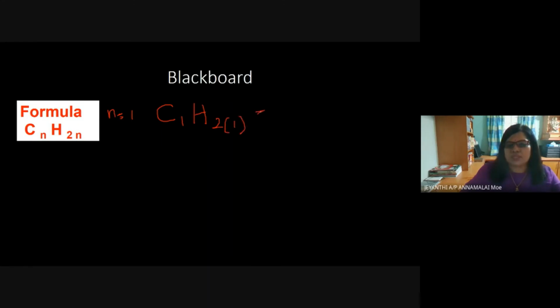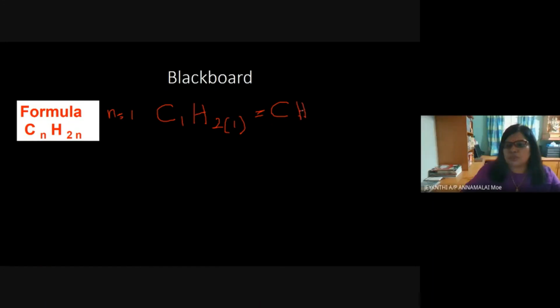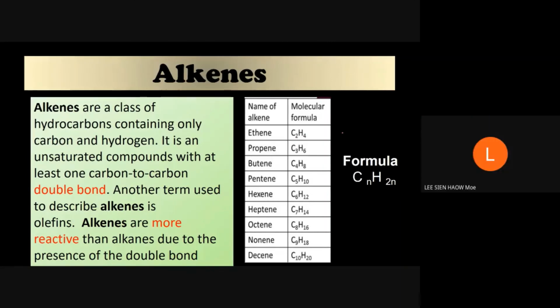So you get C1, no need to write, H2. What is this? Ethene, sorry, ethene. Right? C2H4 is ethene.